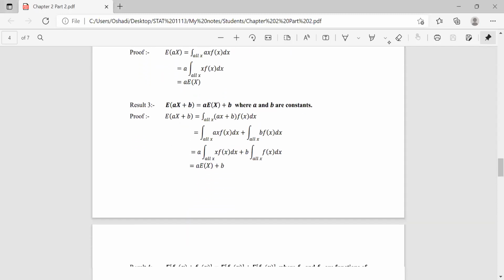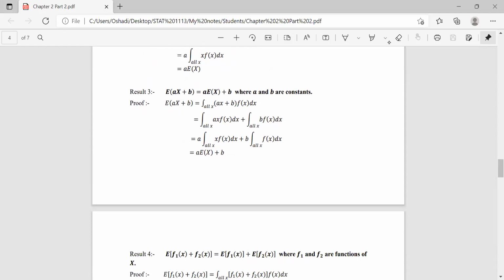Okay, result 3, expected value of ax plus b is the a into expected value of x plus b. We can separate the ax plus b into two parts as ax and b. Then ax into fx dx, b into fx dx. So a into x fx dx is the a into expected value of x, and b is a constant. So the expected value of a constant is the constant itself.